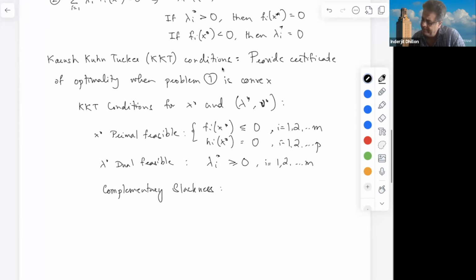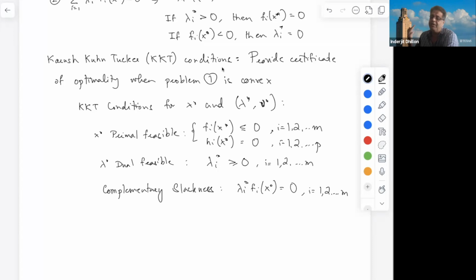Which is that lambda i star times f i of x star equals 0, for i equals 1, 2. Okay, so this is the KKT condition for x star, lambda star, nu star.